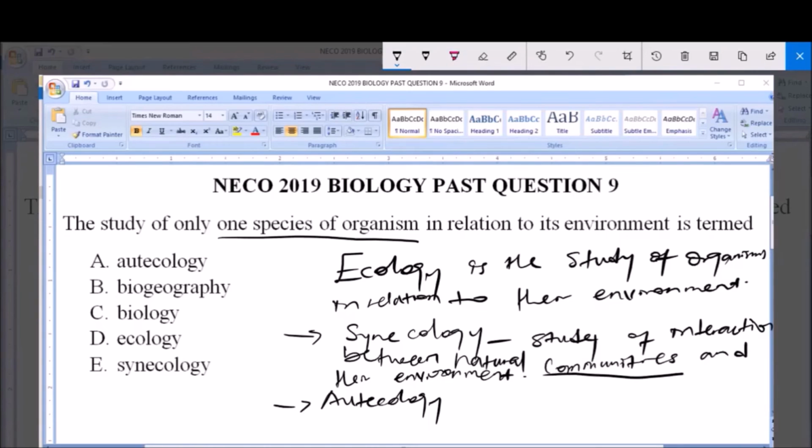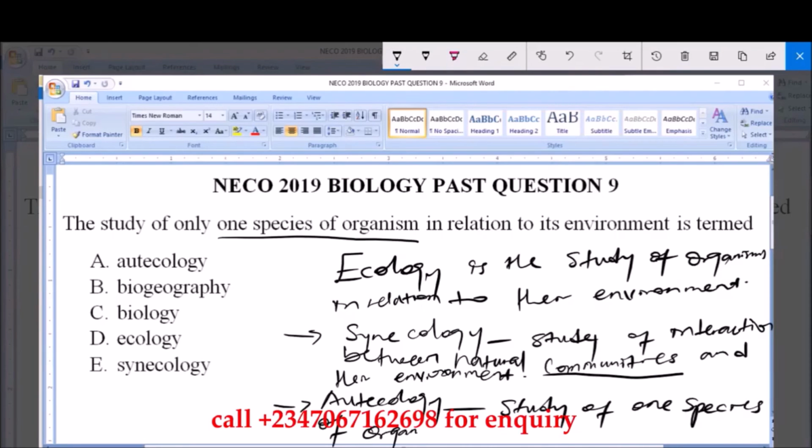Horticology, on the other hand, is defined as the study of one species, that is a population, of organism in relation to its environment.